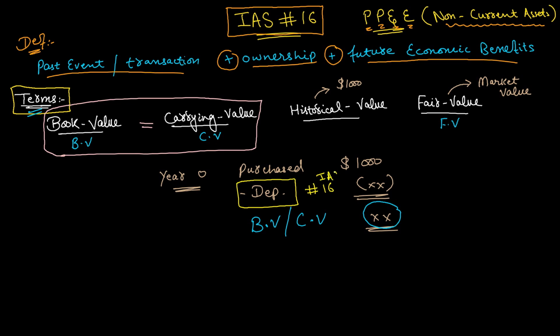Okay, and we have already discussed it in lecture number 9 of this course, in which first of all we talked about the straight line method, and then we talked about the reducing balance method with some examples.